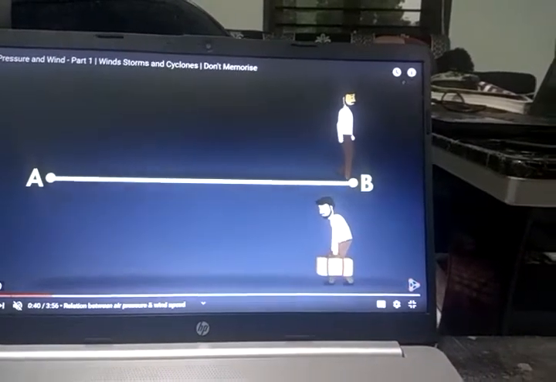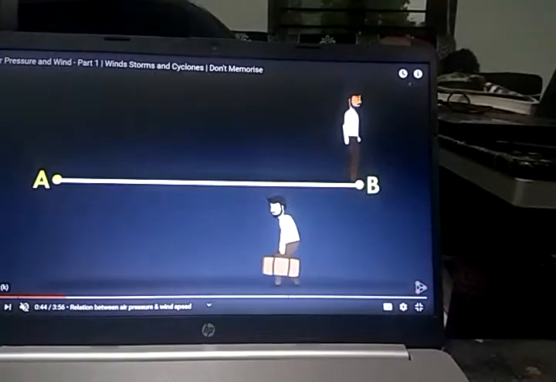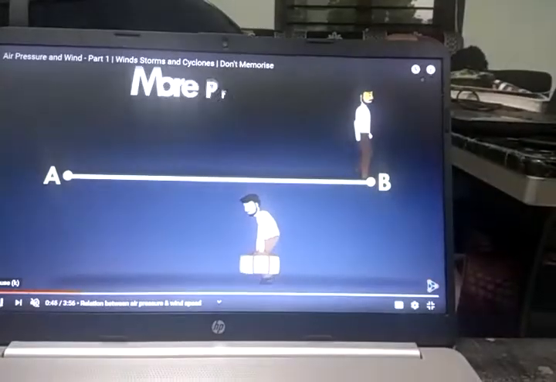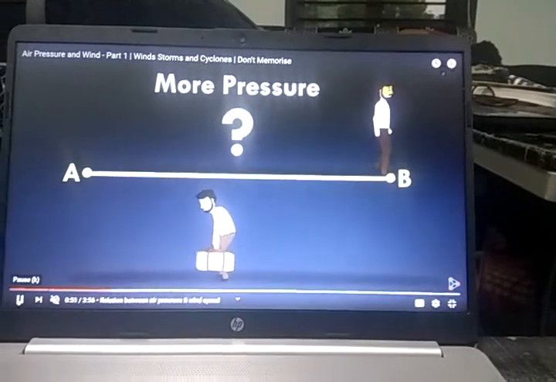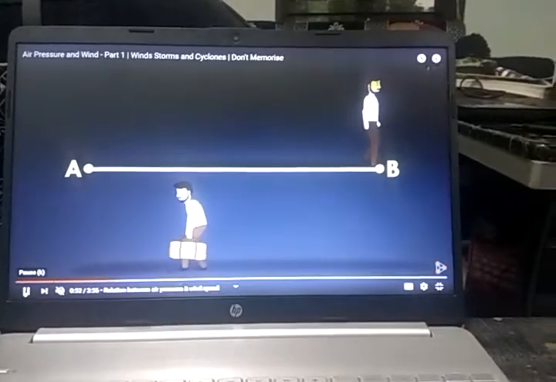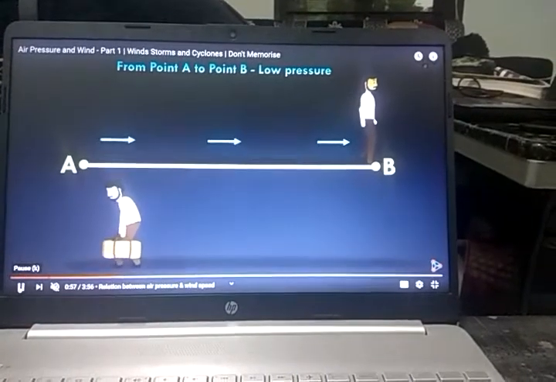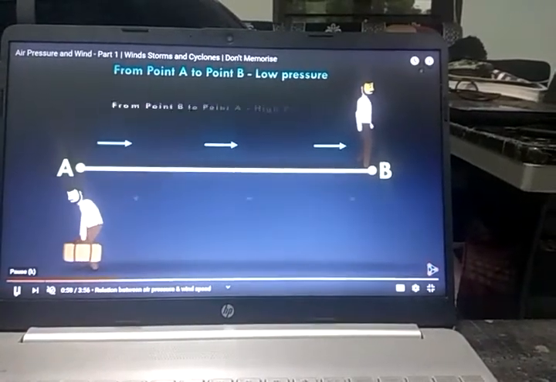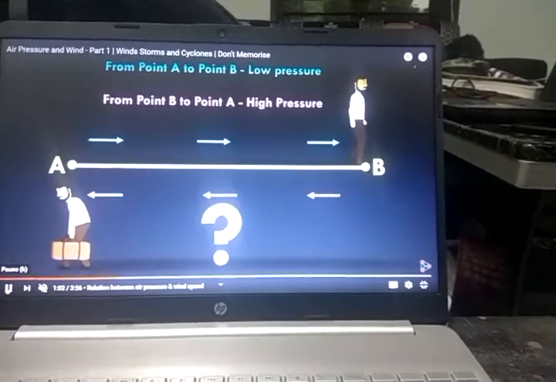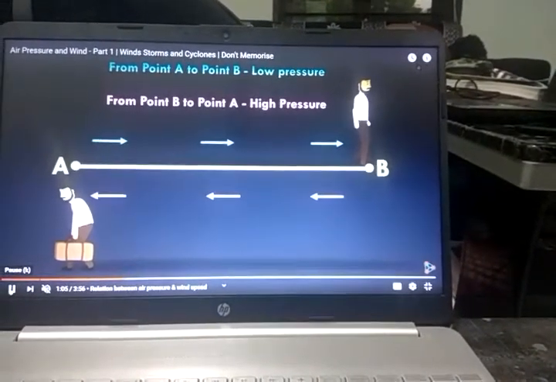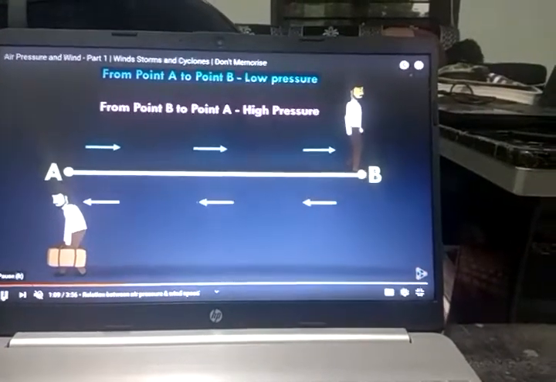Simple logic. Now he is moving with some bag, which means he carries some load. In the first example, from A to B low pressure is there. From B to A high pressure is there. The person cannot walk comfortably and his speed is low.